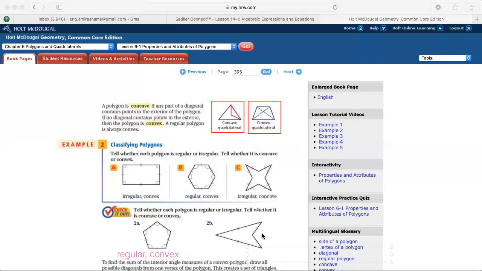What about this one? This one, of course, it is concave. Is it regular or irregular? It is irregular.